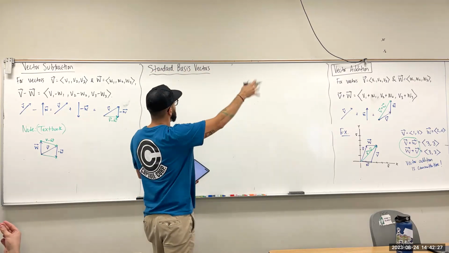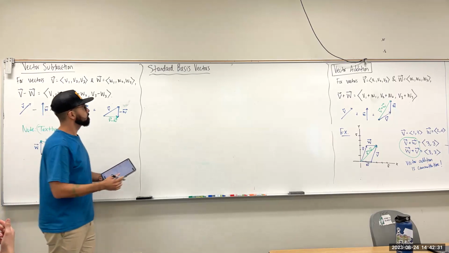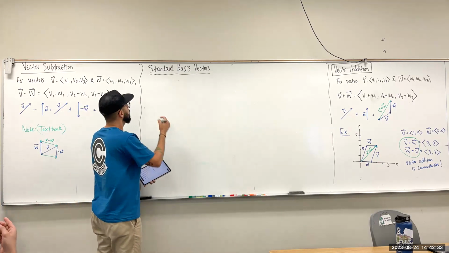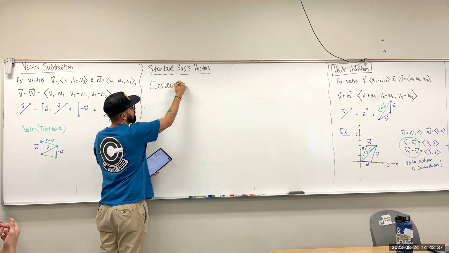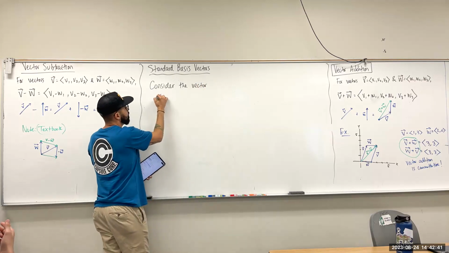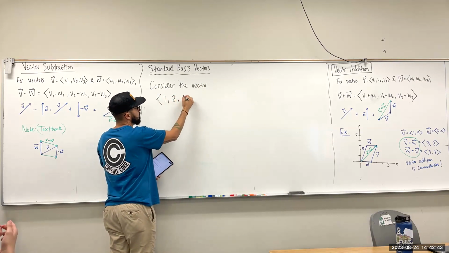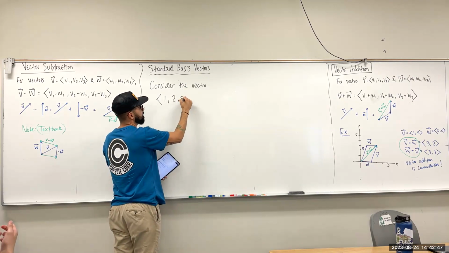And it uses all these operations to help us do this. Give me a random vector, three-dimensional. 1, 2, 1. Okay, consider the vector 1, 2, 1. Give me a different number besides 1. 5.